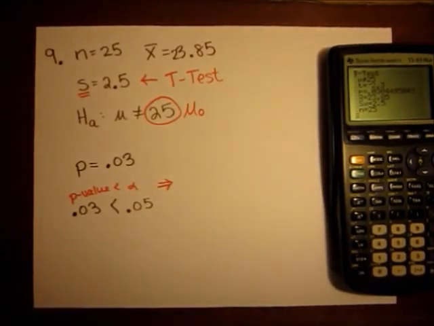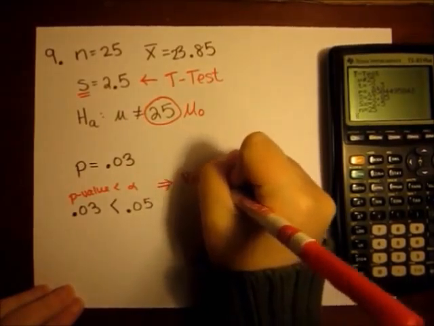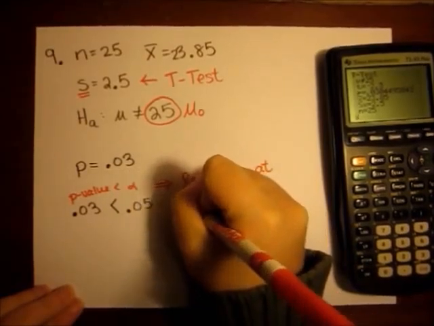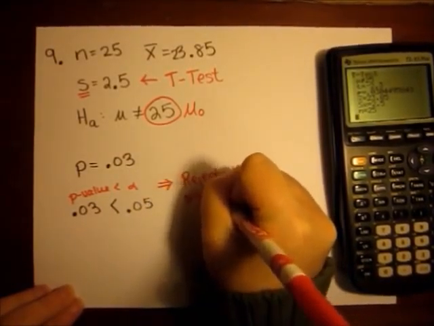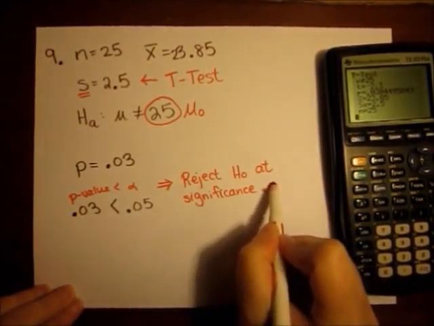P-value smaller than alpha means I reject the null hypothesis. So I reject the null at significance 5%, or 0.05.